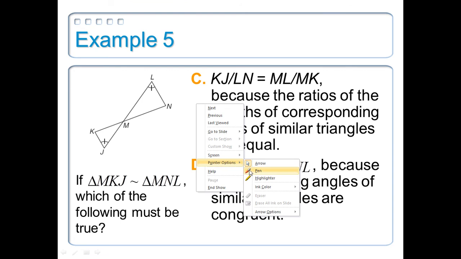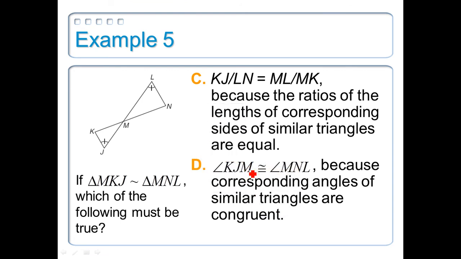So let's go back to it. So KJ and LN. Here's KJ and LN. Okay, they seem to correspond. So that part's okay. Small to big, and everything seems to correspond.